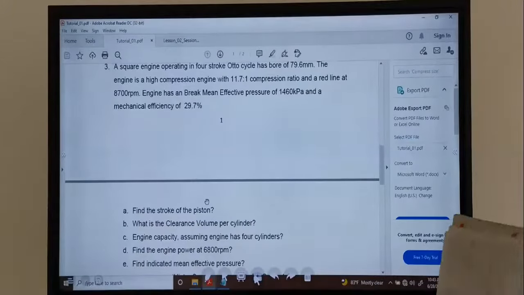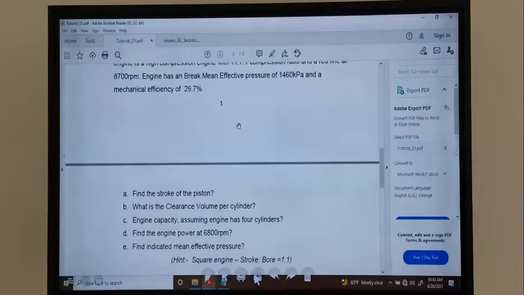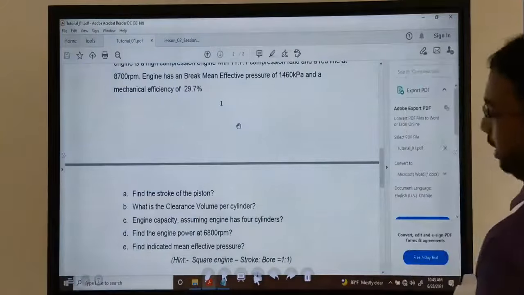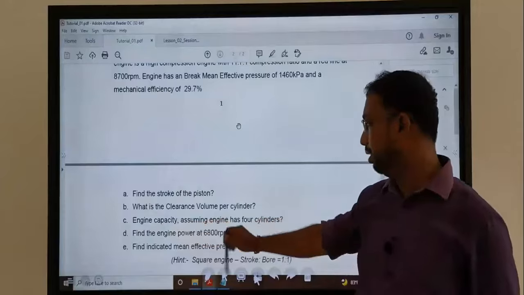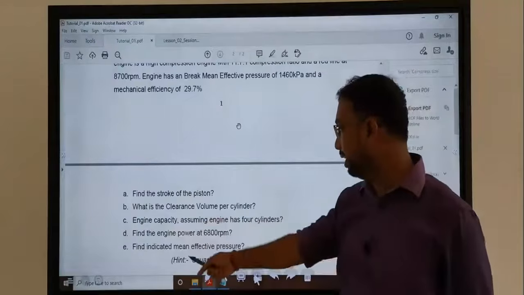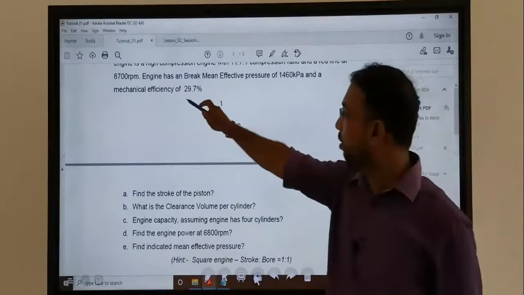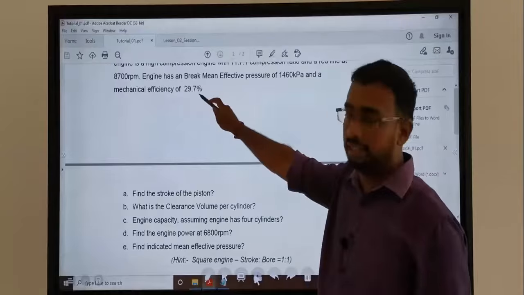So the next one is to find the engine power, that means brake power. Here in the question, the brake mean effective pressure is given, so we can find the brake power. Then the indicated mean effective pressure we can use, because they already gave the mechanical efficiency.